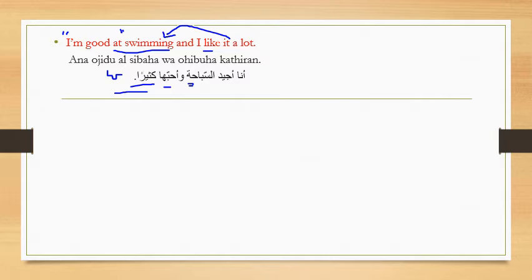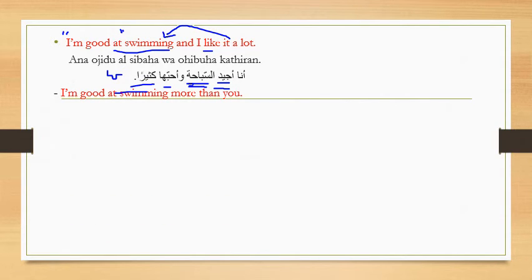So notice here, what did we do? We have to learn what we mean by I am good at, and we have to enrich and study the vocabulary words that we learned in the previous slide. So the first way to express our hobby is to say I am good at, okay?